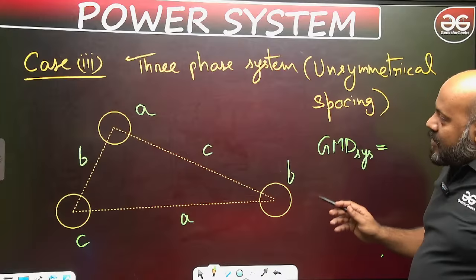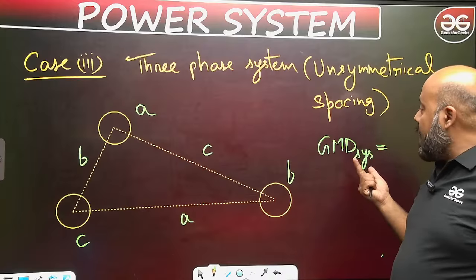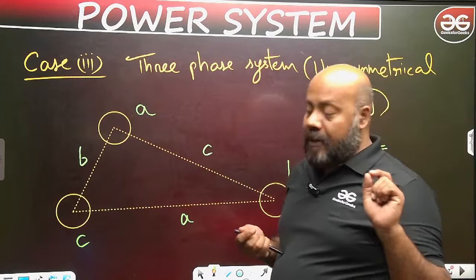Suppose you are calculating the GMD of this system. Why am I saying GMD of this system? Let me tell you one reason.